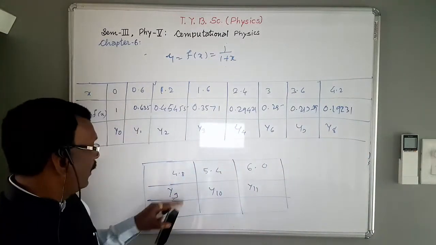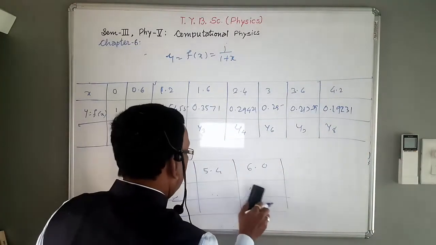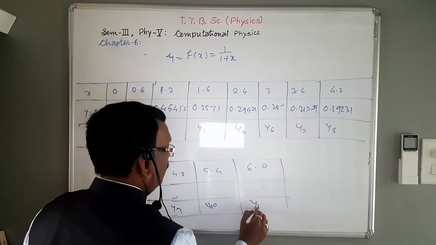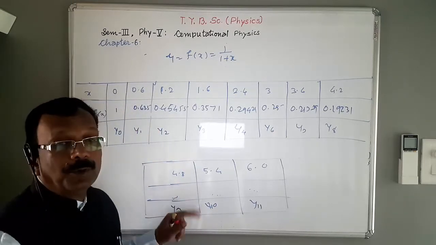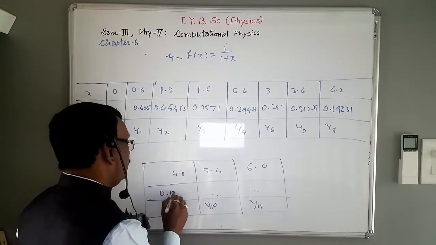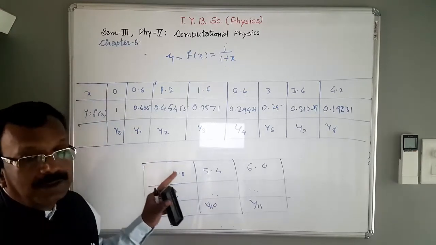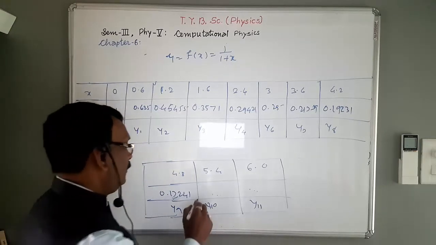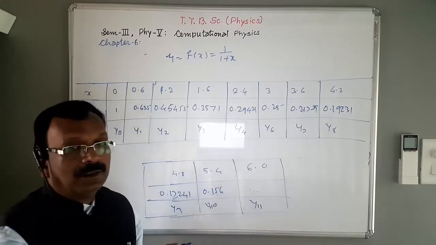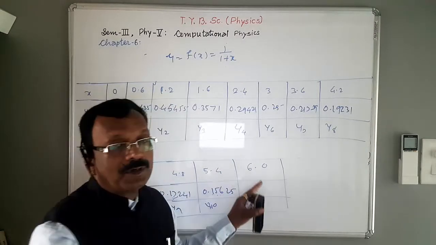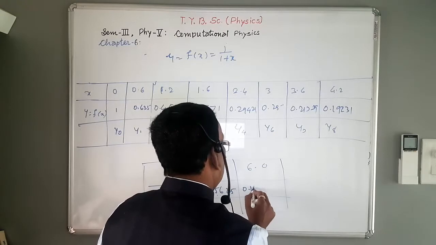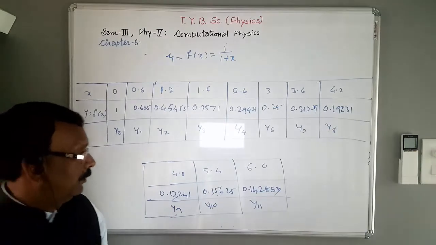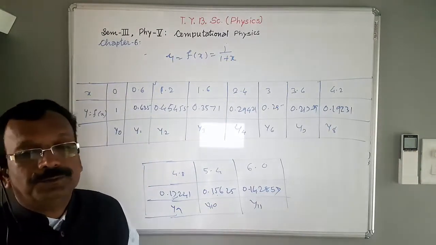Then for 4.2, 0.19231. Then for 4.8 the result will be like this, 0.17241. Then 0.15625, and for 6 this is 0.14286. These are the values.